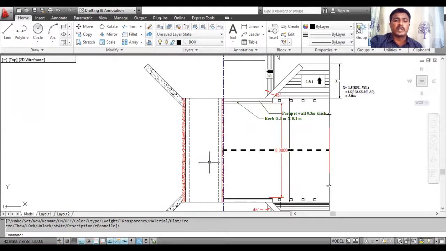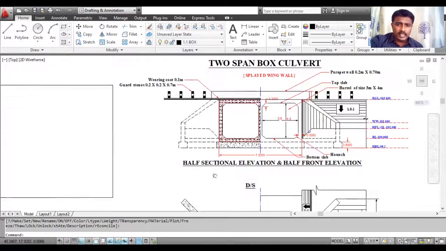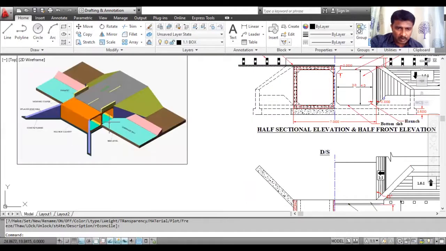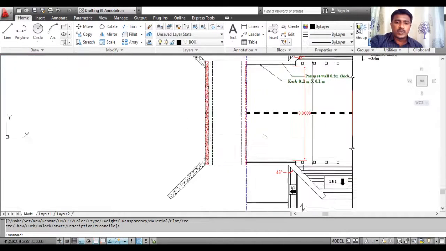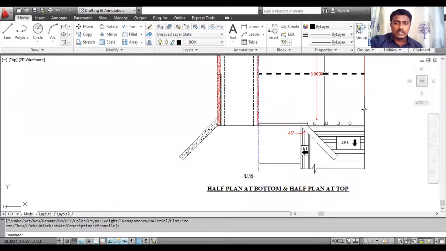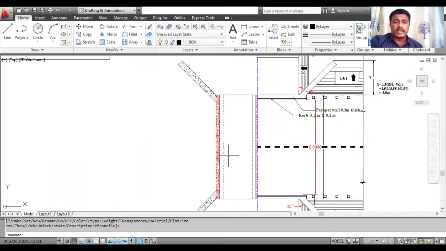Then you have to show the wing walls at the centers. When you cut at the bottom, the wing wall is also cut. So whatever procedure you followed here, you have to follow the same procedure. At the splay, here also you have to show the splay upstream and downstream.